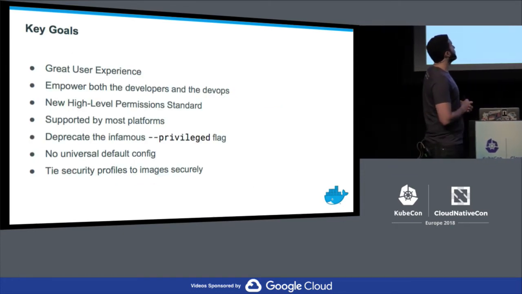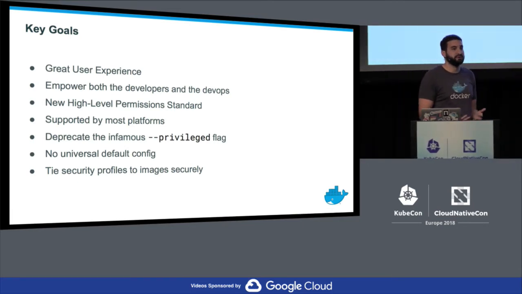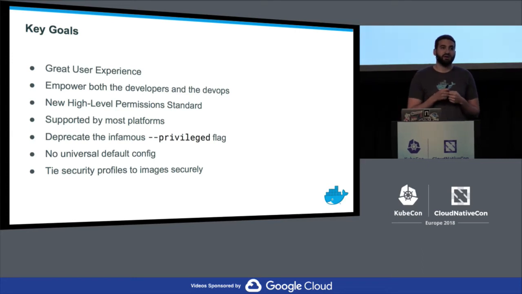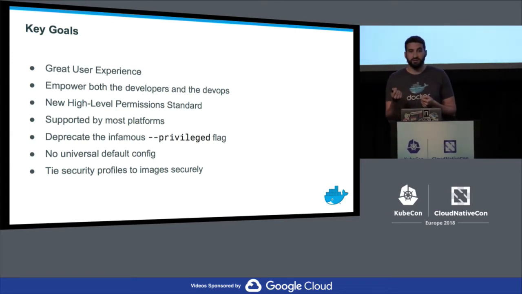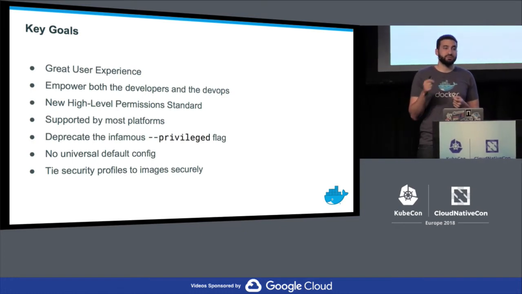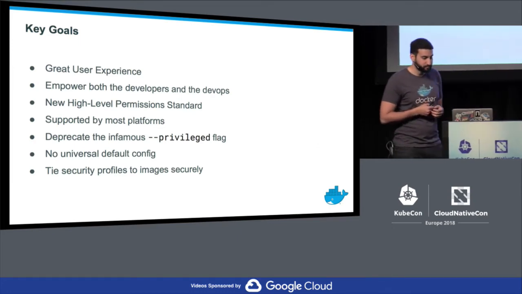So the key goals of this are, basically, providing the best user experience possible. This is really goal number one. We need to make sure that people use the security options available, and we want the end user not to opt out of the security configuration if they get permission denied for some reason while running the application.